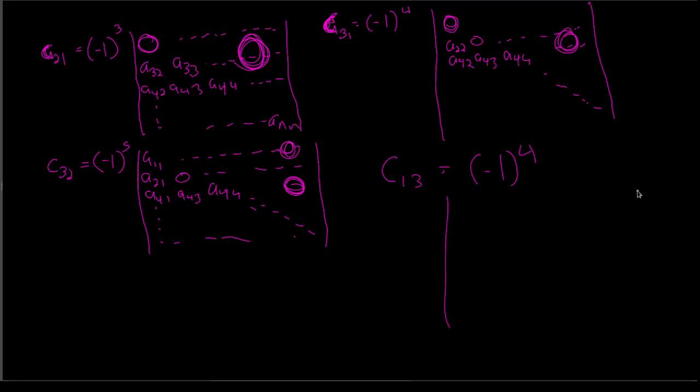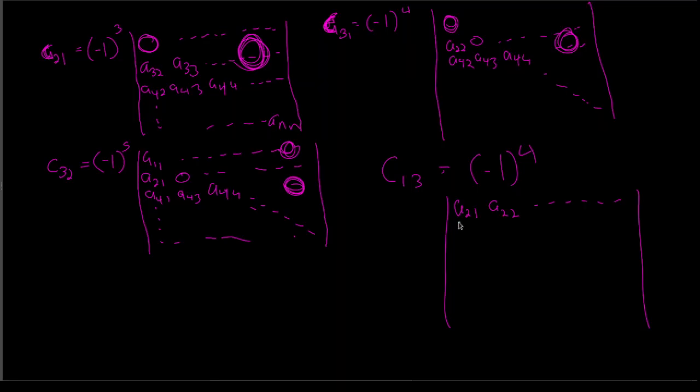And so we don't have the first row. So I'm going to have A21, A22, and then all zeros.